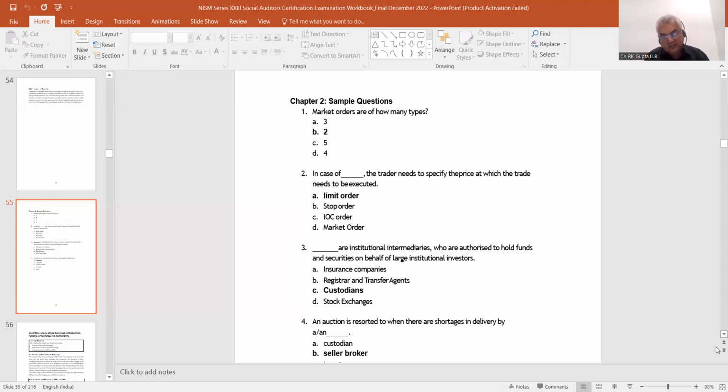So they may be having twin roles, double role. They may be clearing member also, and they may be managing both funds and the securities settlement.